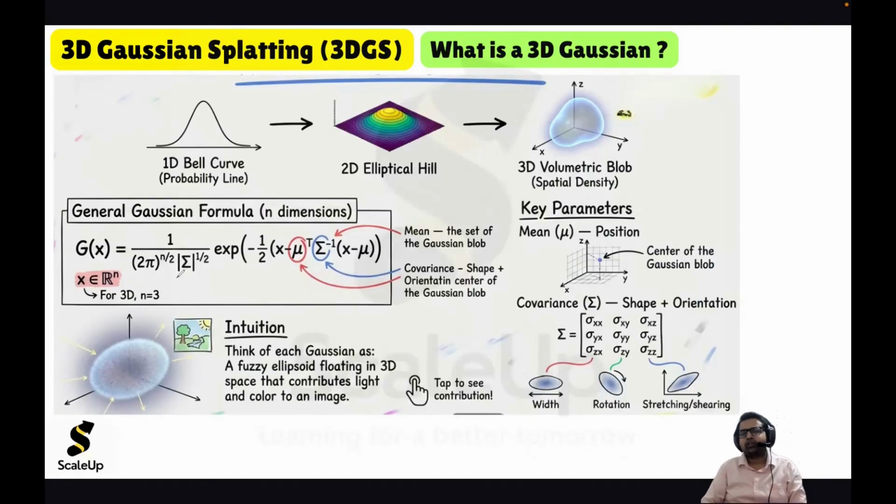Now, what is the importance of it? In the previous module, we saw that we can represent a 3D scene either in the form of geometries or implicitly using mathematical functions.